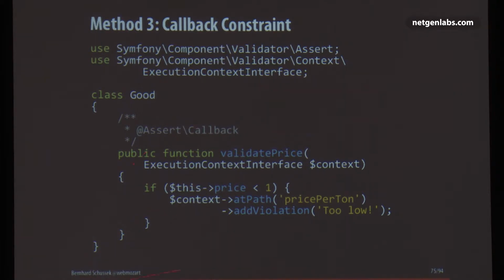So in this case, you have some validation method. You want to add a violation in the validator component, that's called a constraint violation, with the message too low, and the violation should be put at the path. Path in this case is the name of the property, price per ton.